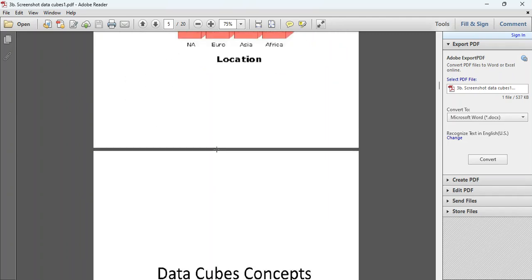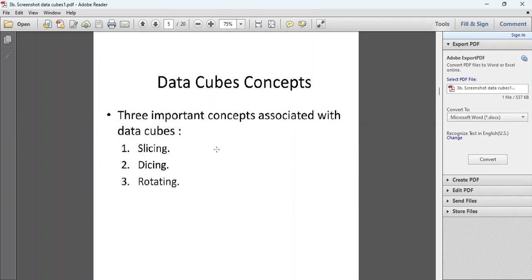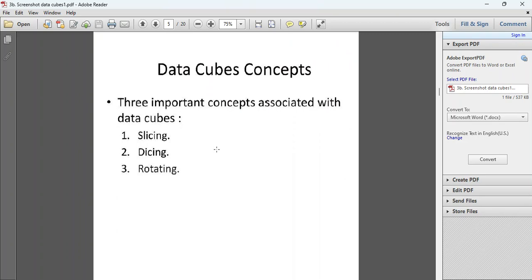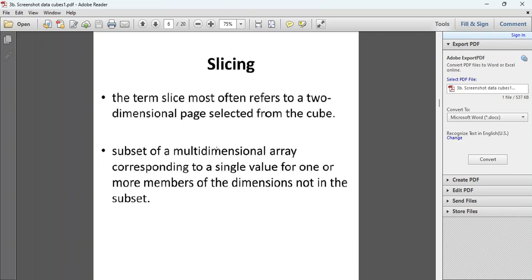Here, a data cube is a multi-dimensional concept, and we can view it from different angles. We get the data from these cubes by using operations called slicing, dicing, and rotating. We will see them one by one. What is slicing?